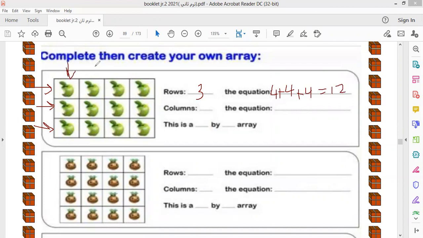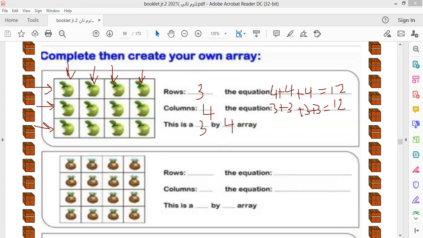We have here 1, 2, 3, 4. And the equation, each column have 3, so we write 3 plus 3 plus 3 plus 3 equals 12. What is the name of this array? We start with the number of rows, 3 by 4.